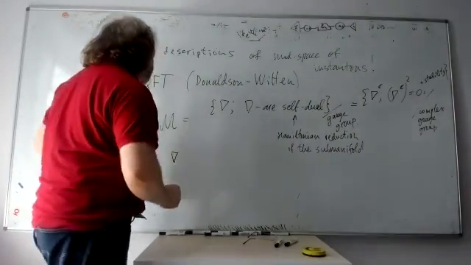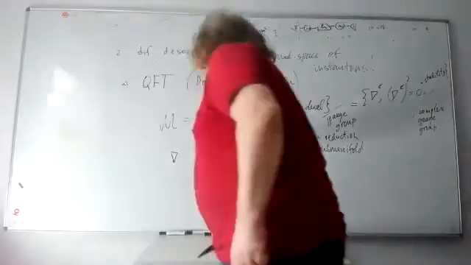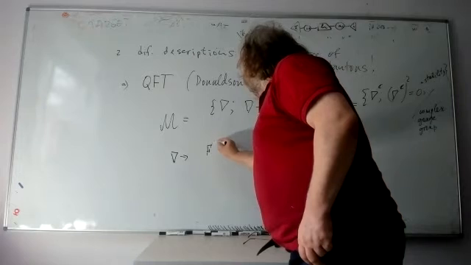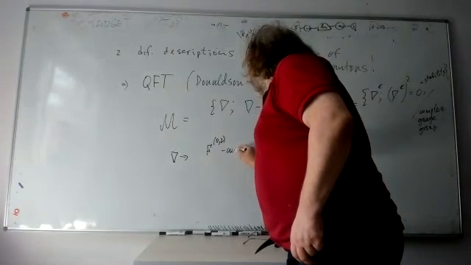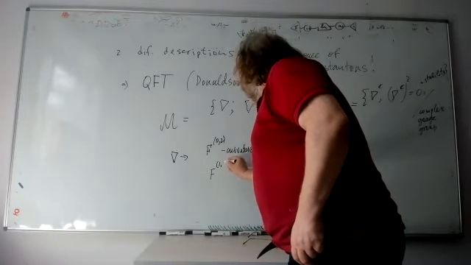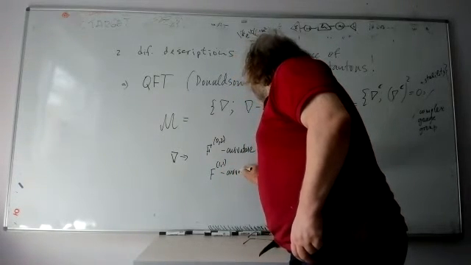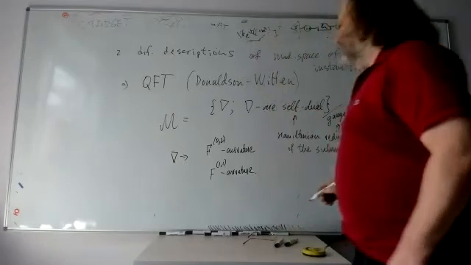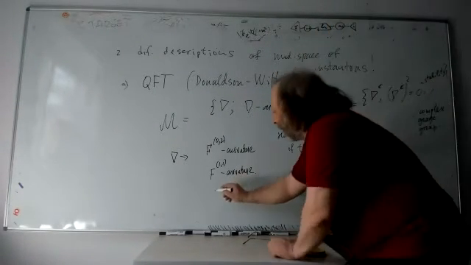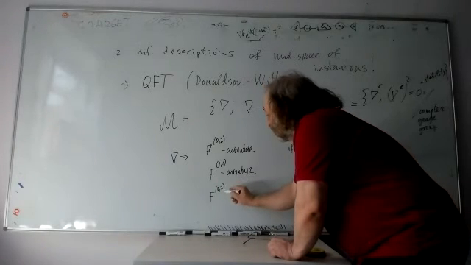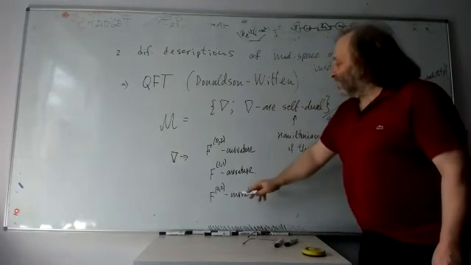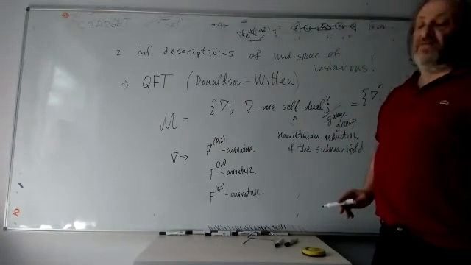So if I have a connection, I can construct the F02 curvature, and I can construct the F11 curvature. And also there is the F20 curvature, that is clearly complex conjugate to F02. I'm sorry.